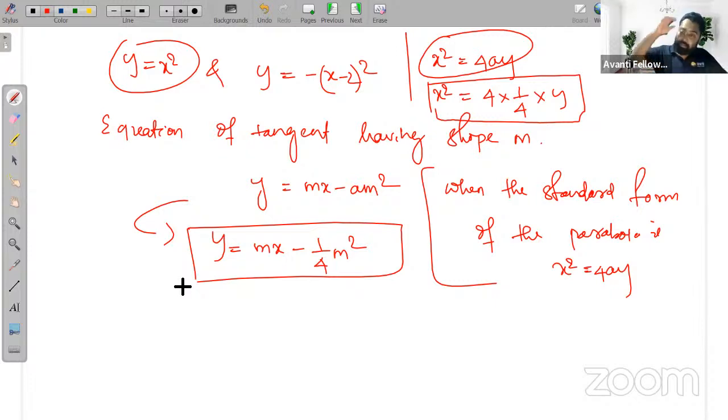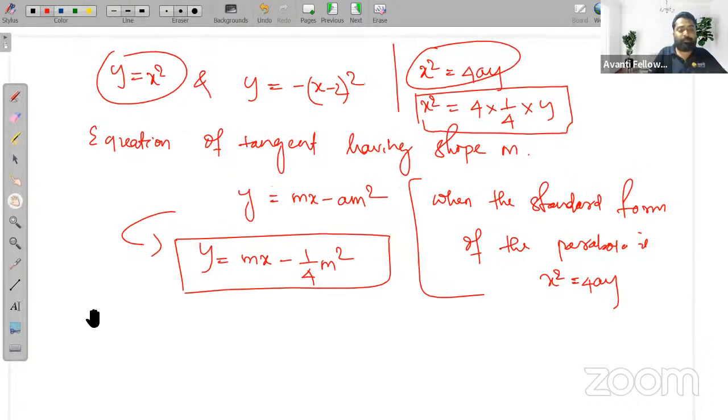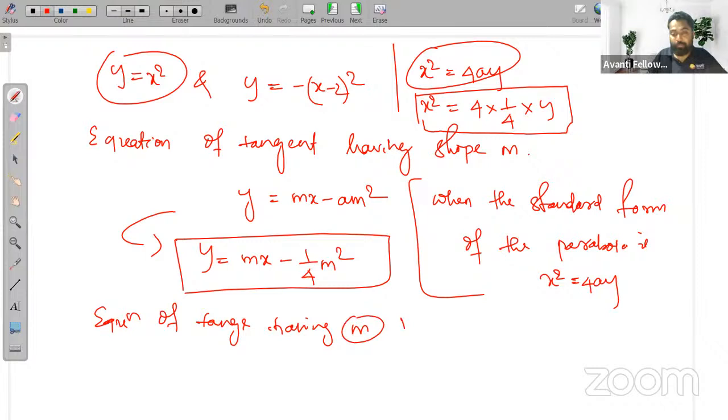That means the other equation is having the same slope. Then if I ask you the equation of tangent having the slope m to the parabola y is equal to minus of x minus 2 whole square, right? So what is the equation of tangent in this case?